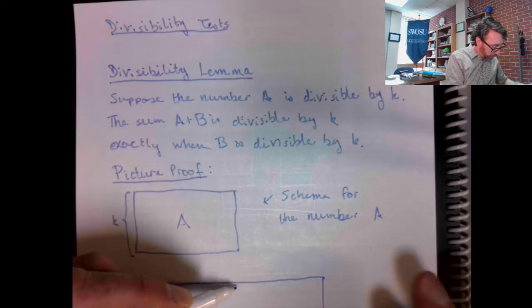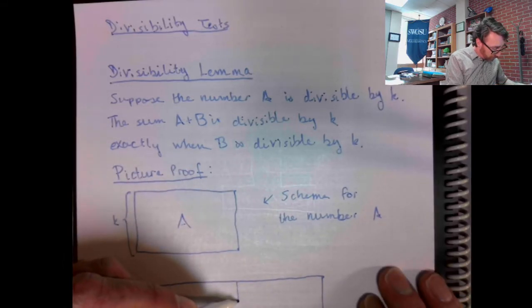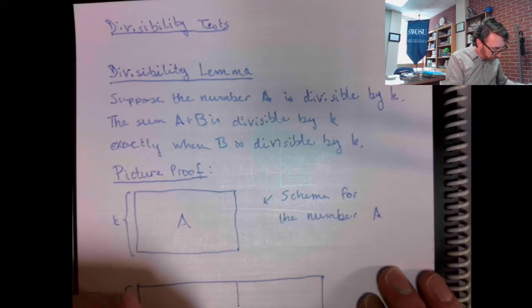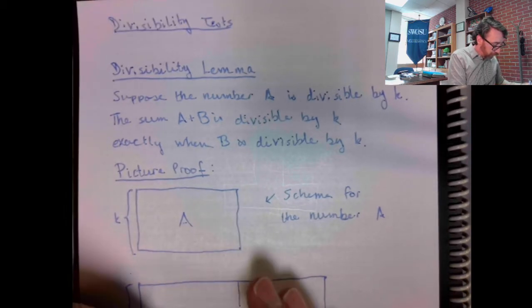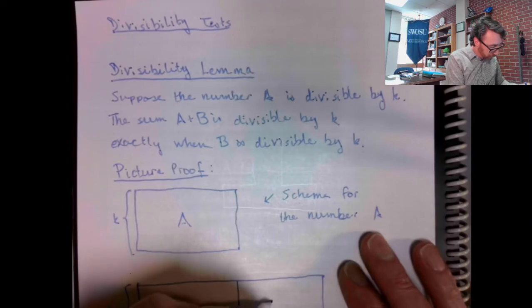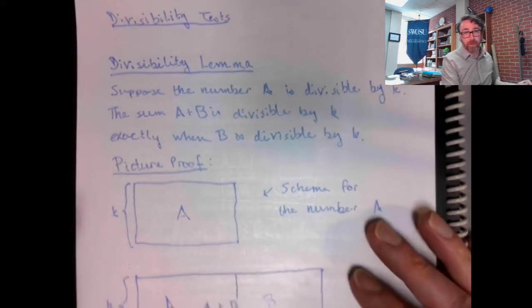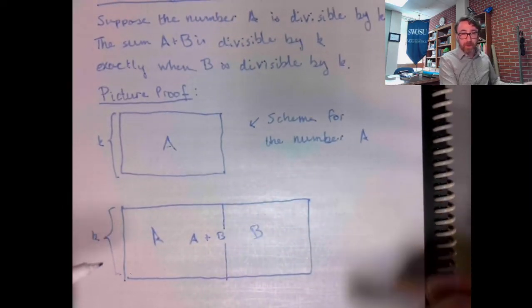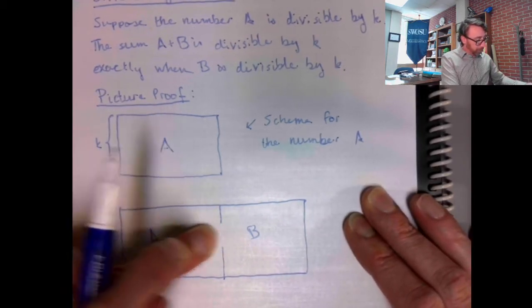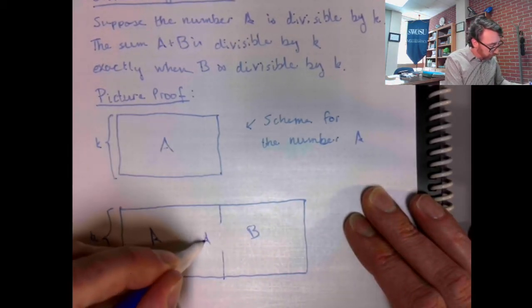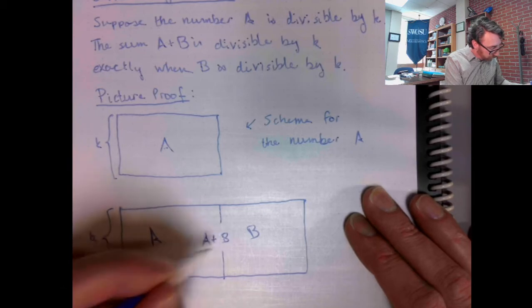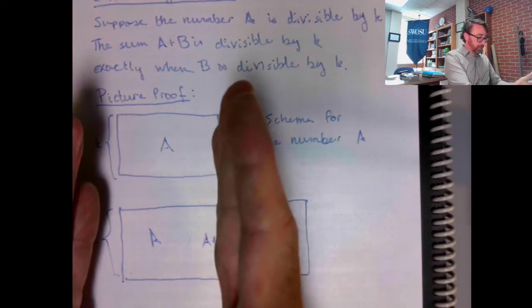Well, we already have in our premise that this part is divisible by k. This part is the a part. This part is the b part. So the entirety of my big rectangle has a plus b total boxes.